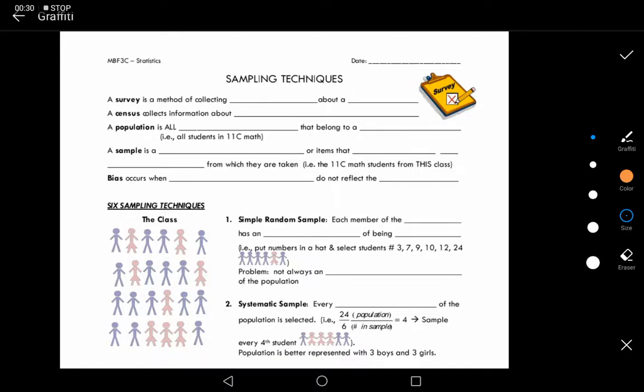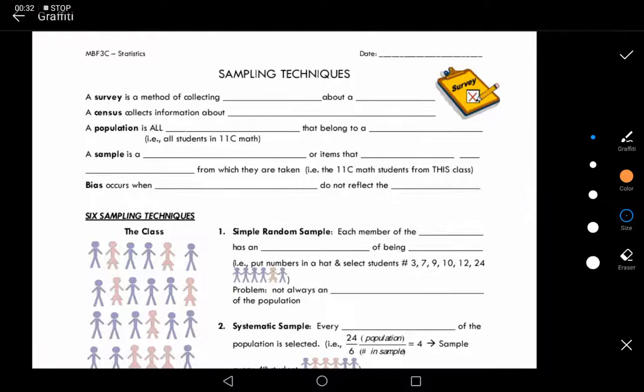So a survey is a method of collecting information about a population. A census is something that collects information about everyone in the population.